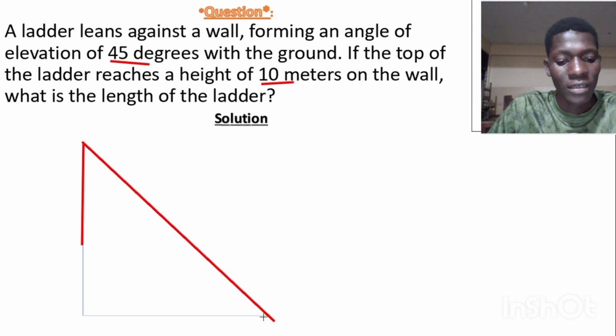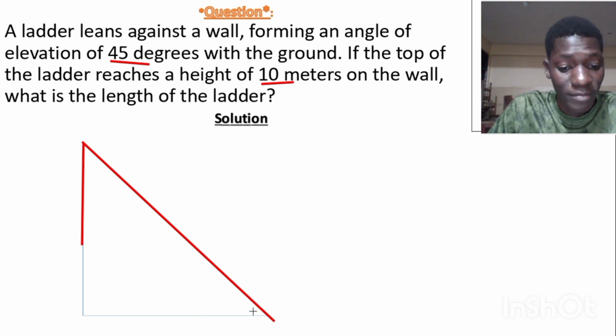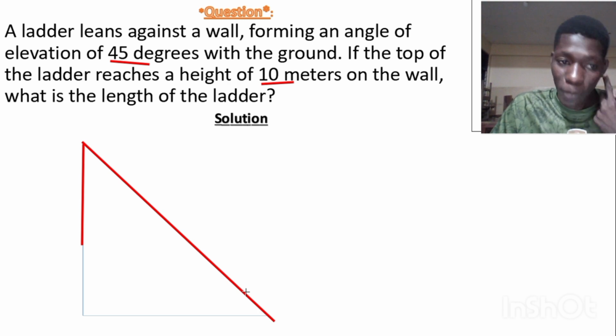Get it? So the angle that is formed here, this point is the 45 degrees they are talking about. And this length is the 10 meters, the length of the wall. The wall is straight, but the ladder was leaning against it. It wasn't straight so that someone can climb it.